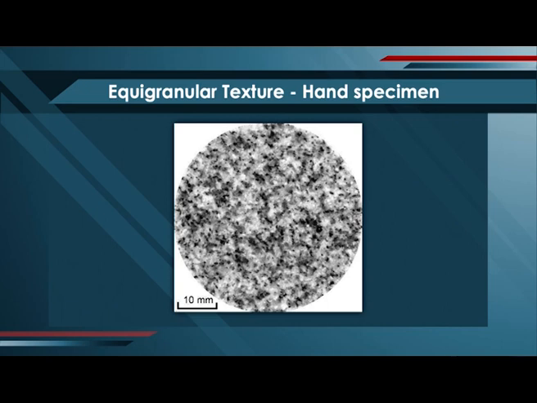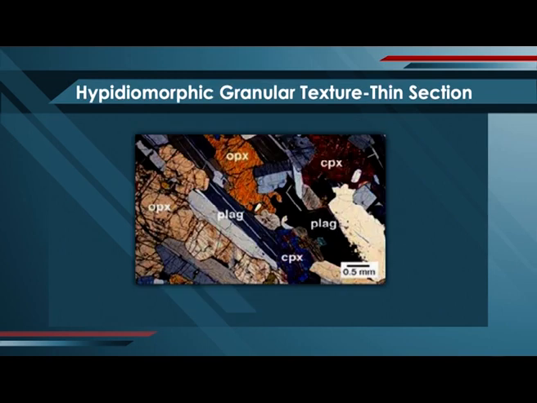Again, a photograph showing equigranular texture containing quartz, feldspar and mica. This is hypidiomorphic granular texture shown in thin section, where you find that the grains are larger in size and are of similar size.